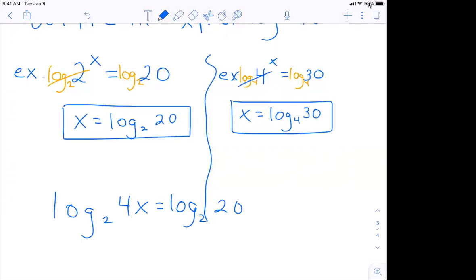If you have log base 2 on both sides, you can take 2 to the power of both sides and those cancel and you just get 4x equals 20 or x equals 5. So if we had that exact same problem with an exponent, we could do that as well. Yep, exactly. You're getting ahead of us, but yes, you are totally correct.